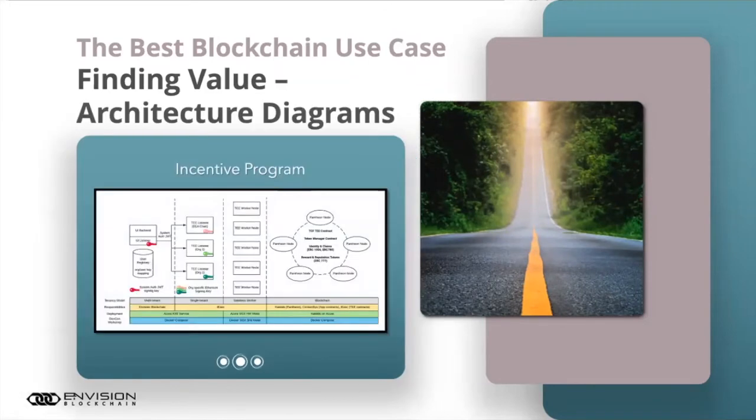And then, of course, after you get all that, now we have to get to some sort of a solution design, and we get to the architecture diagrams. And here's an example of something else that we did with regards to incentive programs, where we have different technologies like trusted execution enclaves that are part of it. We have the UI, the back end, the front end that's held up in Node.js servers.